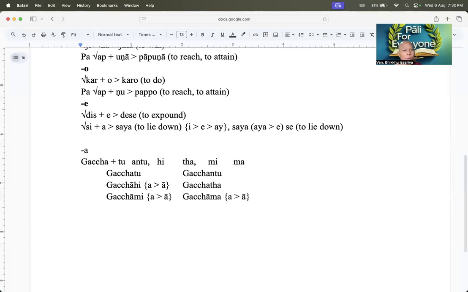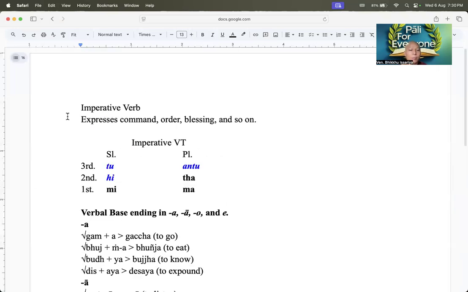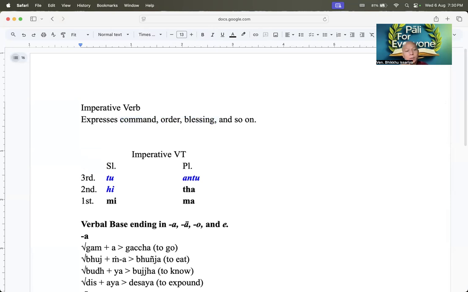But now this imperative verb commonly expresses a command or order or blessing and so on. That is why we translate using the helping verb may or let. In the previous line also we have already seen this.